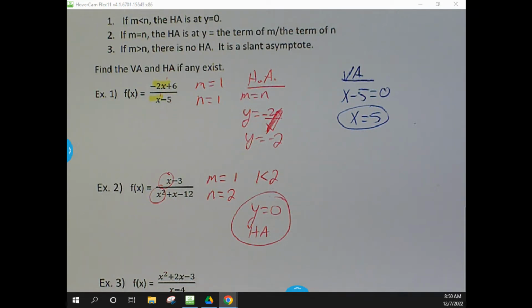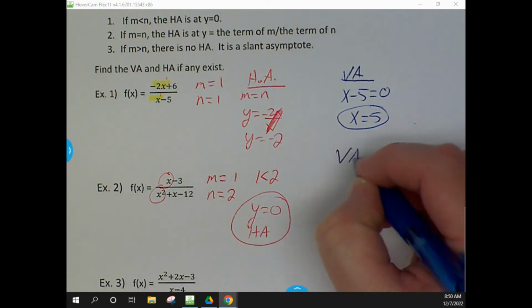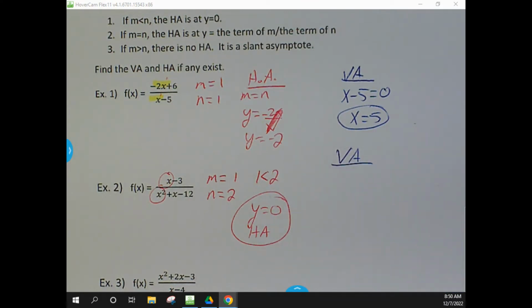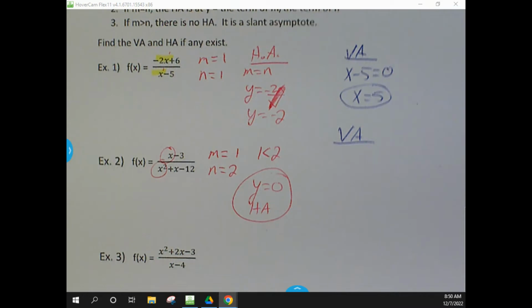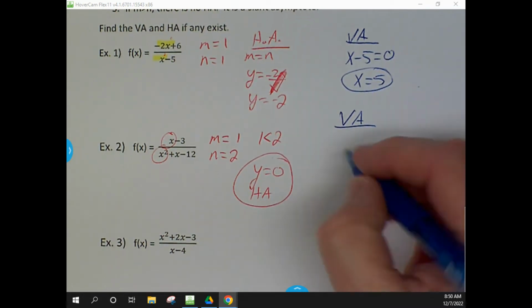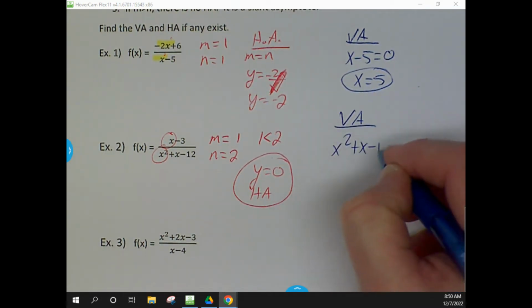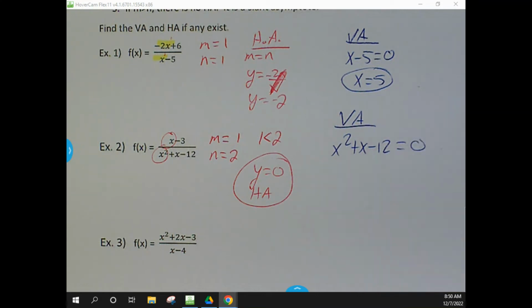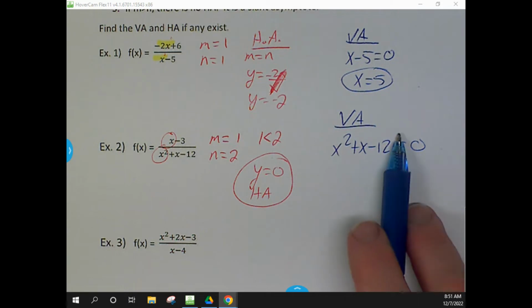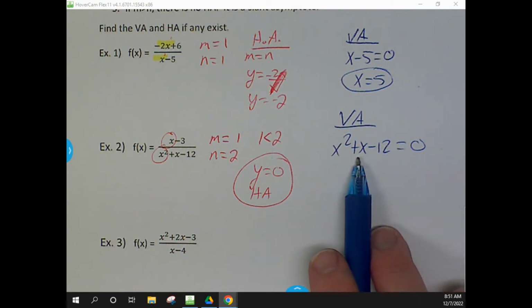Okay, vertical asymptotes. And here's where it's a good review right before we get close to final exams. You've got to take your denominator and set it equal to 0. Which means we get to do what with that denominator? Yeah, we get to factor. So we've got to find the factors of negative 12 that sum to positive 1.